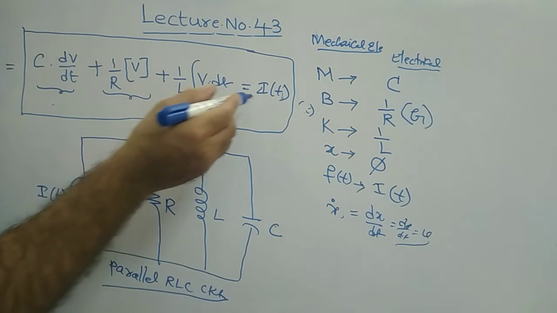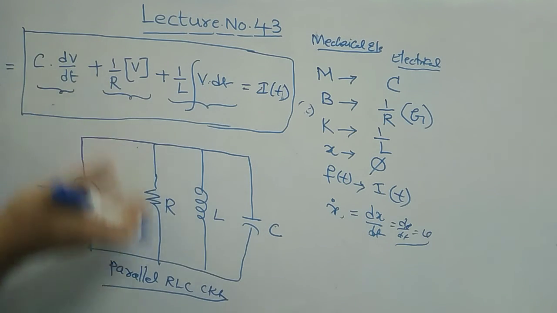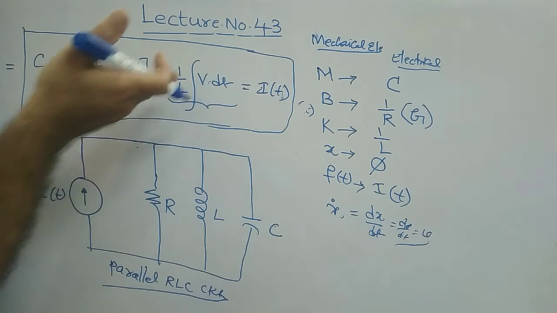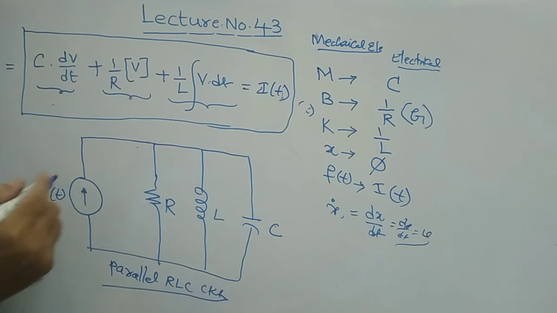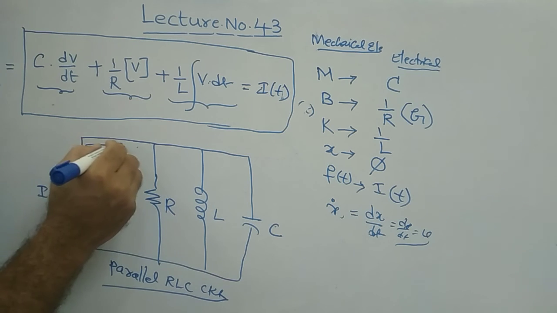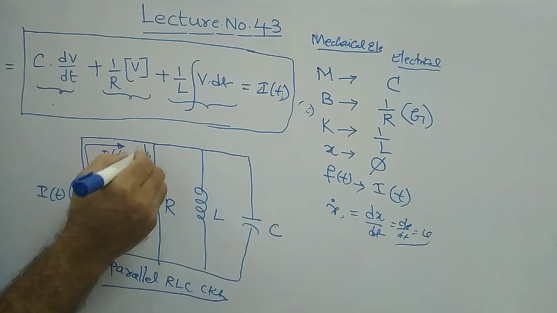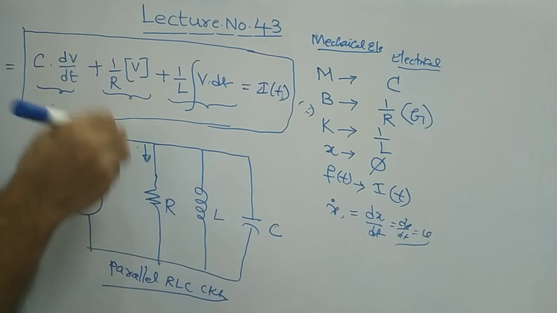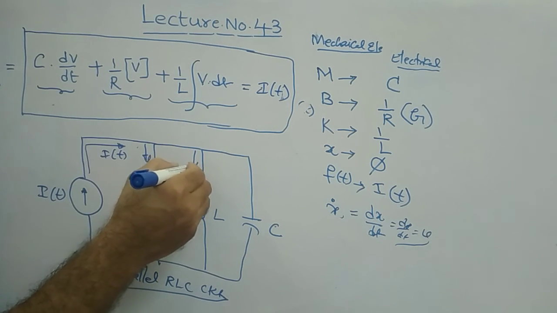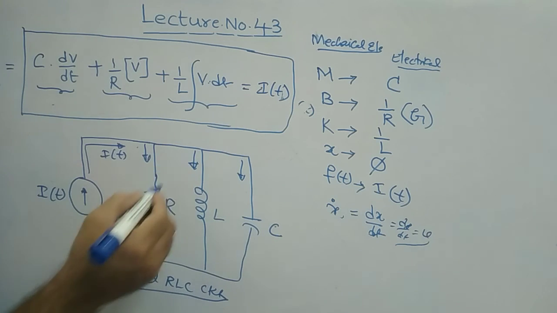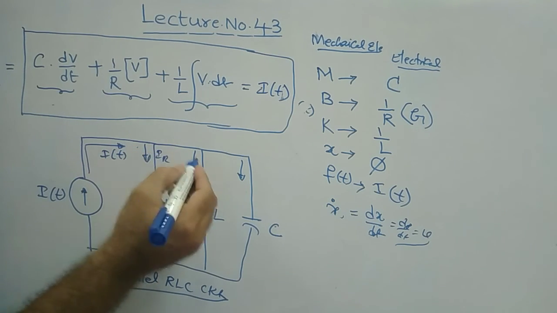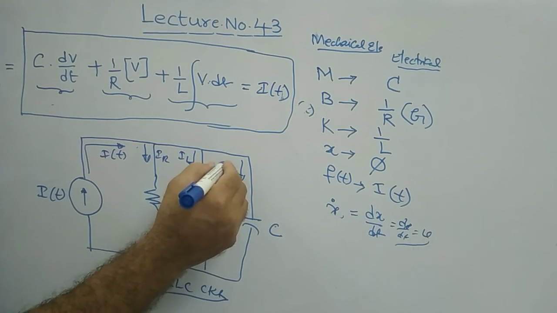So I of t, if you equate these two, this is the expression form, this is the circuit form. Therefore, this total current IT flows through this circuit, then it will be distributed. So this is your IR, this is your IL, this is your IC.